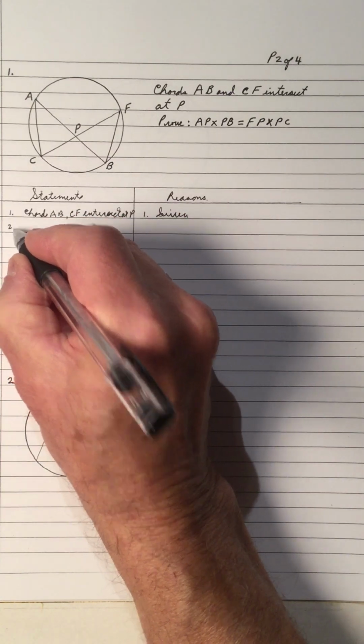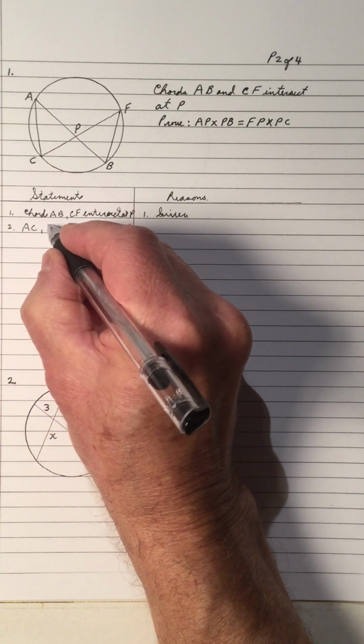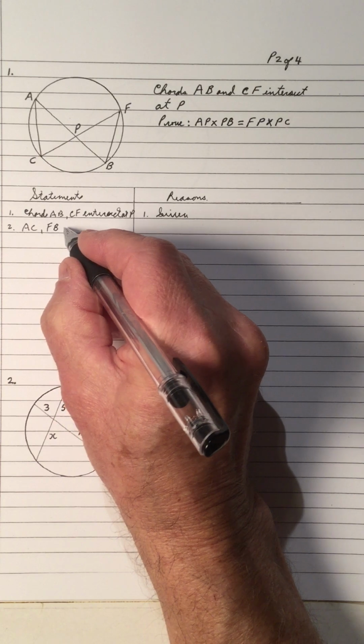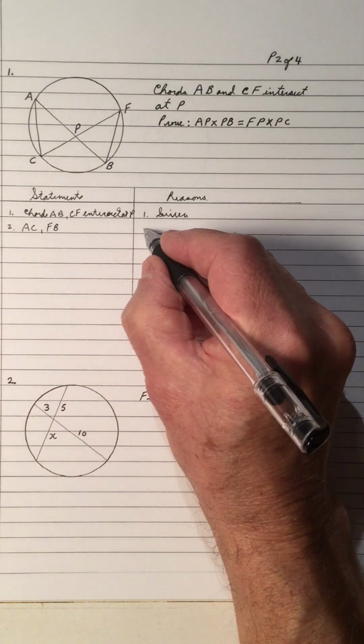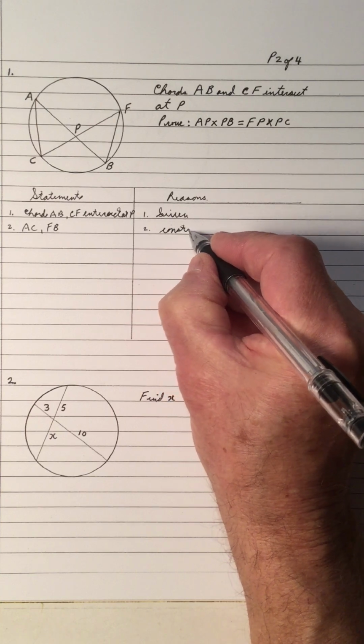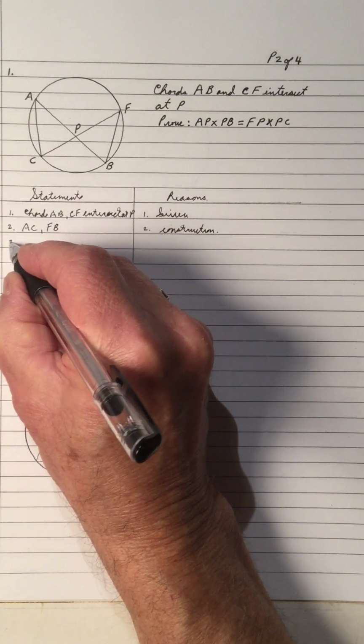Now we'll join AC and FB, and that's a construction between the two points on these chords.